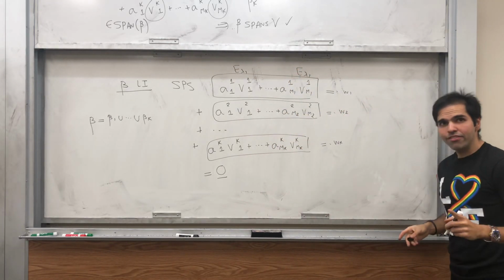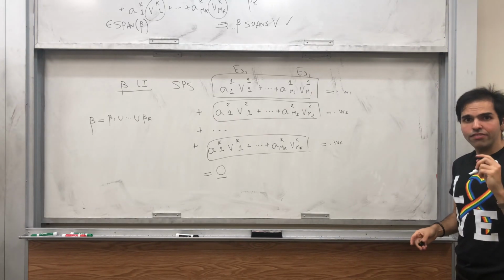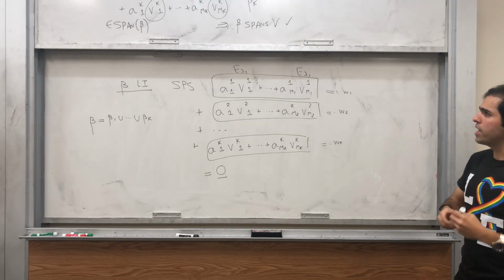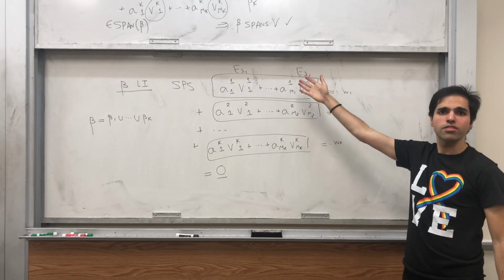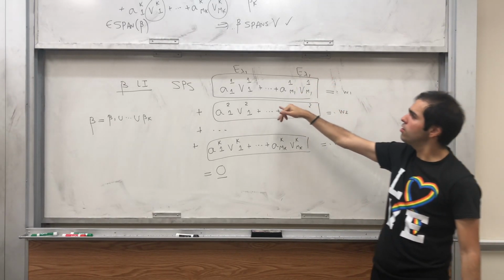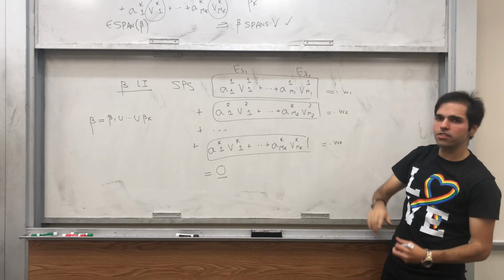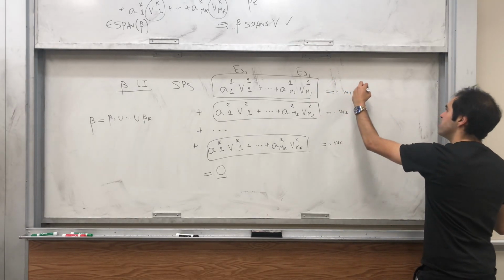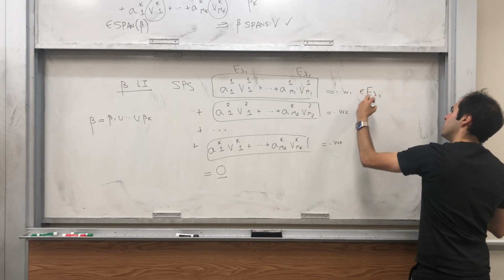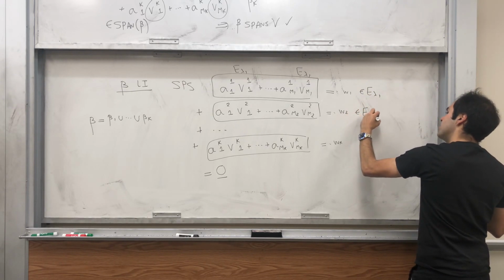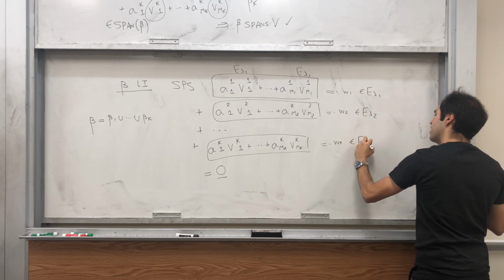But for a given eigenvalue, the set of eigenvectors forms a subspace if you add the 0 vector. And in particular, this is just a linear combo of vectors in E lambda 1. So this is in E lambda 1. This is in E lambda 2. This is in E lambda k.